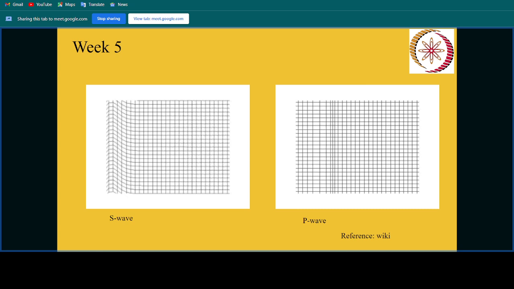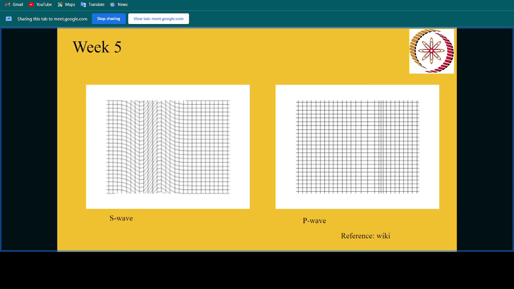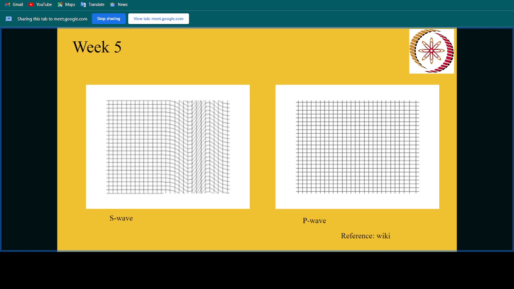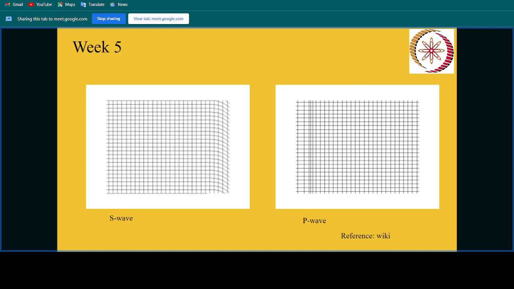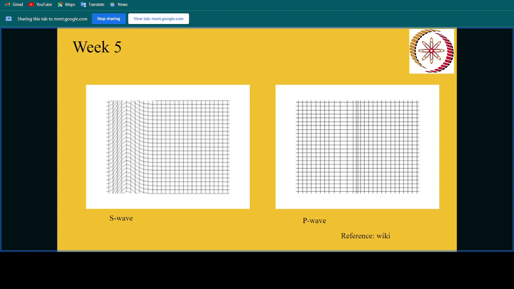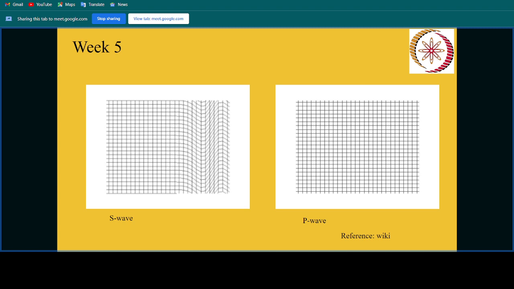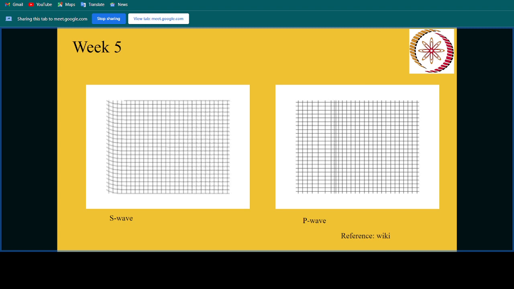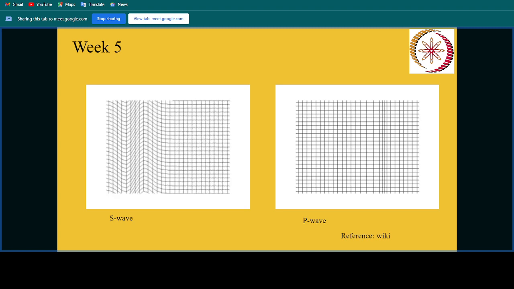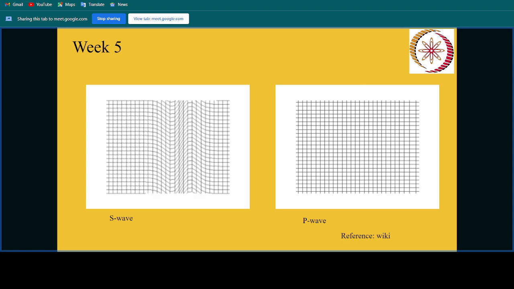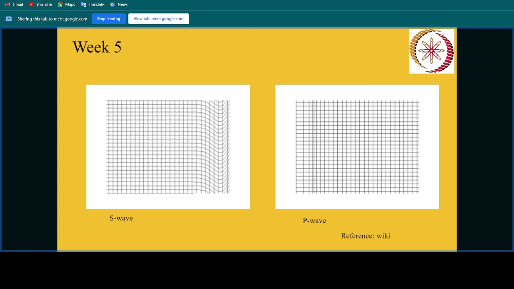And P wave is that wave which is a pressure wave, like longitudinal. So it shakes the medium in the direction in which it is propagating. That means it is parallel. It is shaking the medium parallel to whatever direction it is propagating. So these are the two main differences of S wave and P wave.